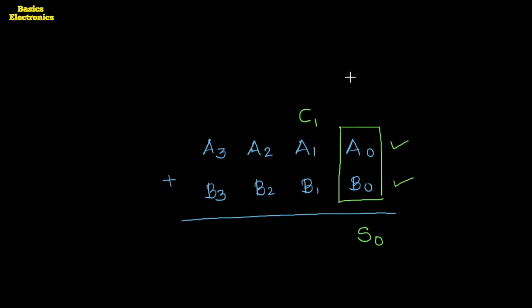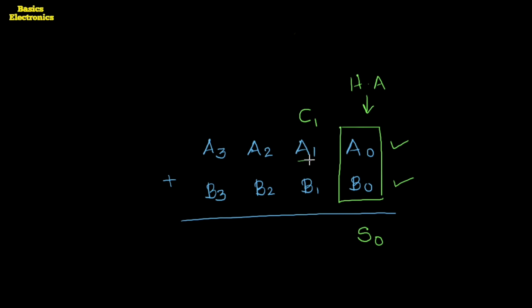The half adder performs the addition of A0 and B0 and produces the sum and the carry. We write the sum in the result, and add the carry to the next column along with its actual binary bits.